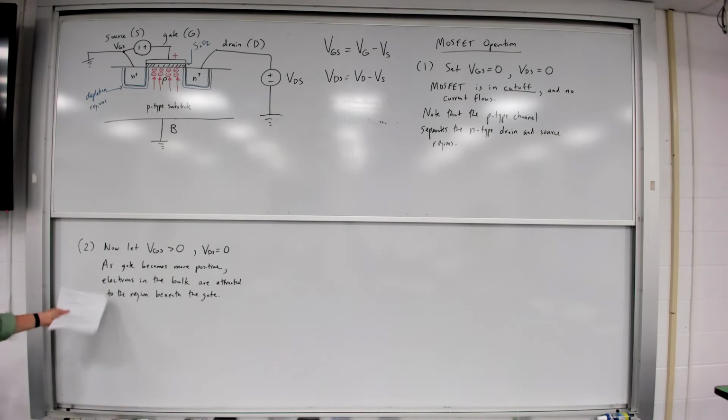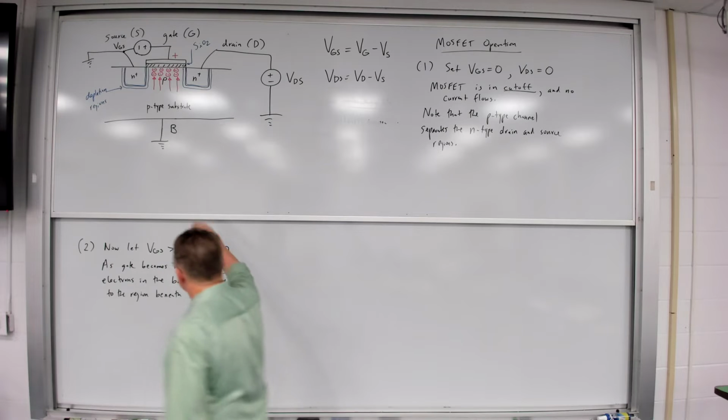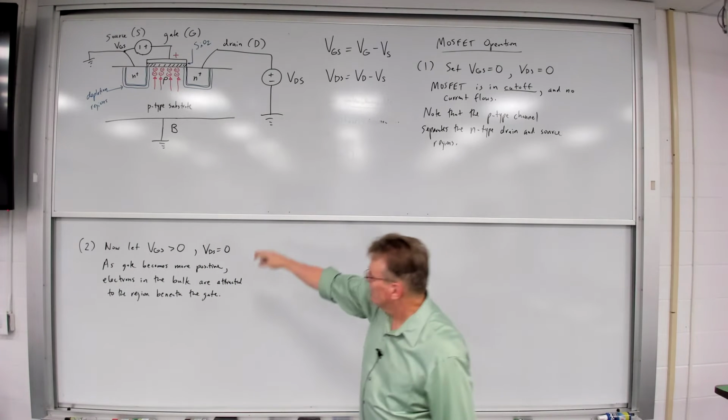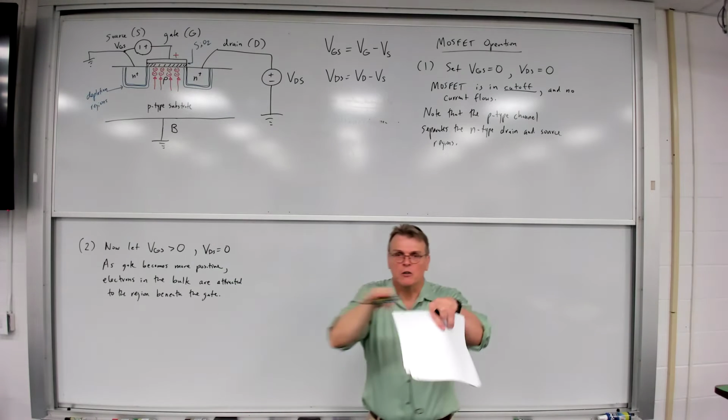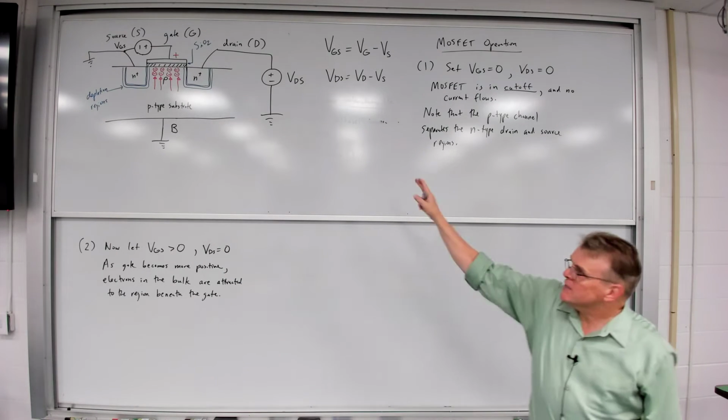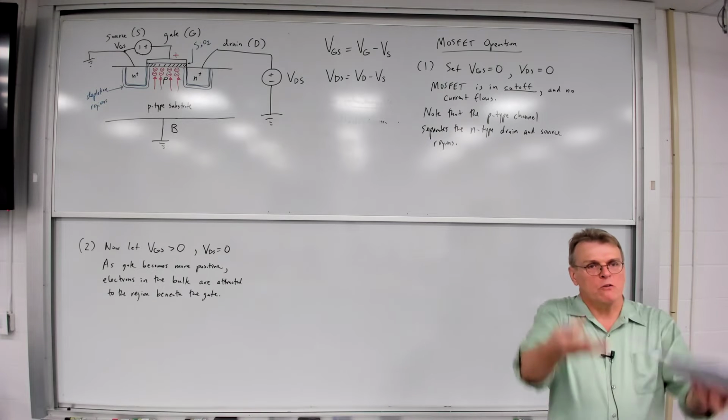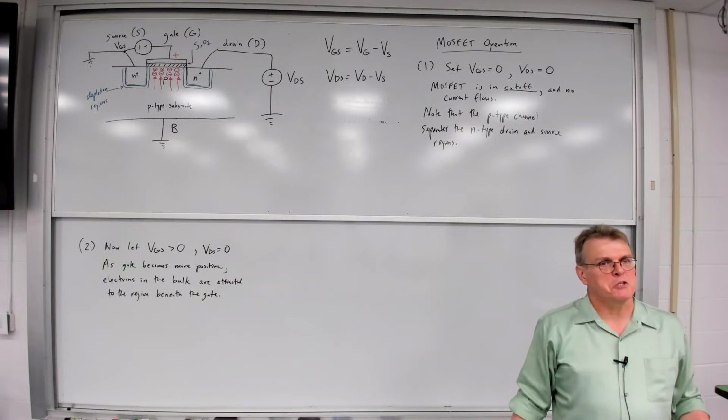So those free electrons that are in that bulk, even though they're minority carriers, they start to get attracted. They start to accumulate. And the more positive I make that gate, the more electrons get pulled up underneath that gate region.